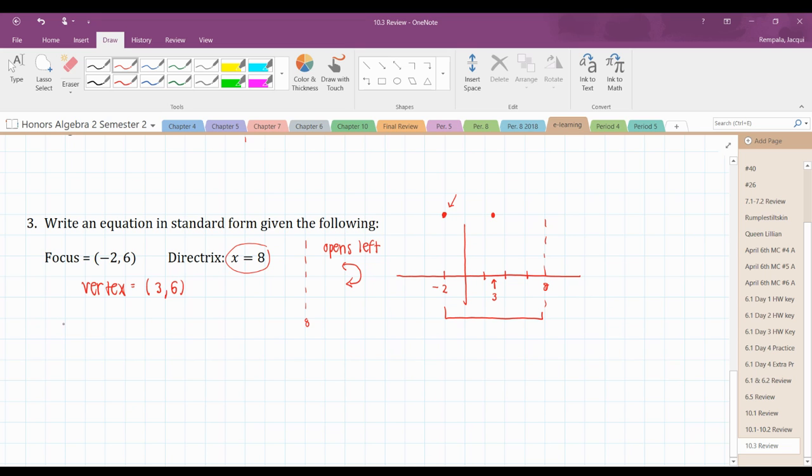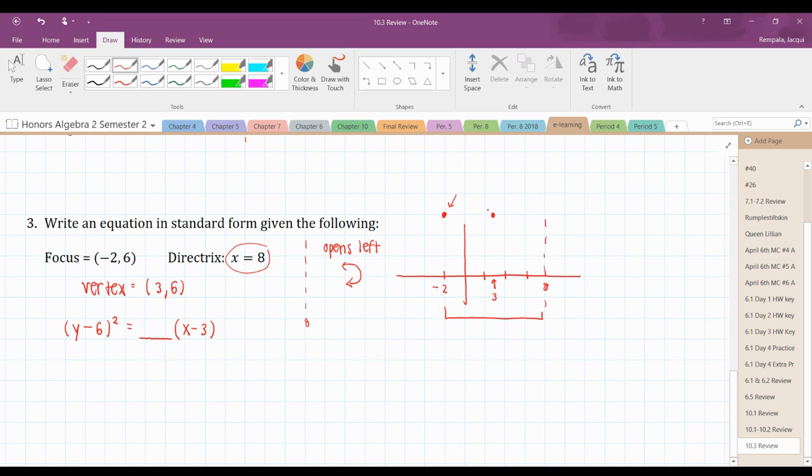Okay, and so I know that my y term is what's going to have to be squared. So it's going to be y minus 6 quantity squared equals some number, and then x minus 3. Okay, so we just have to figure out what that number is. Remember, our p-value is the distance between the vertex and the focus, or the vertex and the directrix.